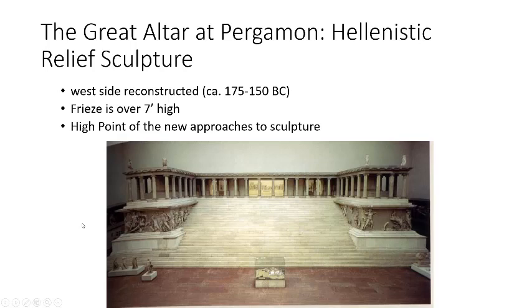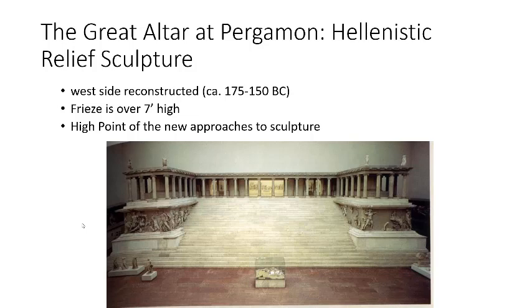That was quick. So, I can't really talk about sculpture through time and look at temples without looking at Hellenistic sculpture. Probably one of the best examples of Hellenistic sculpture is to be found at the Great Altar at Pergamum.